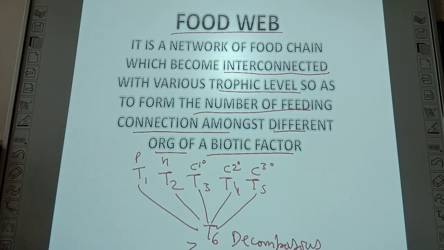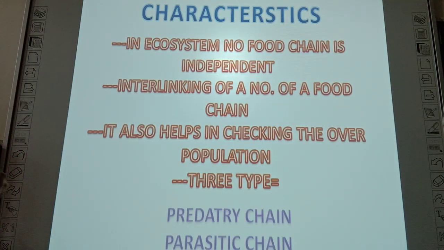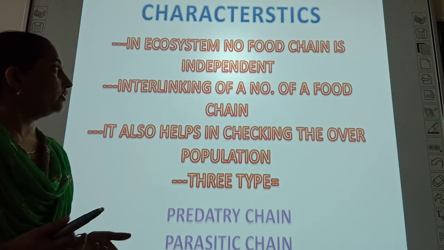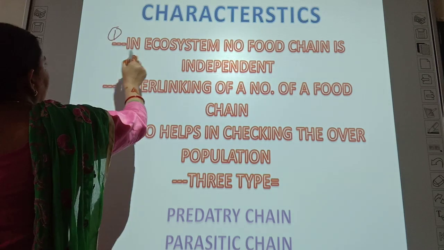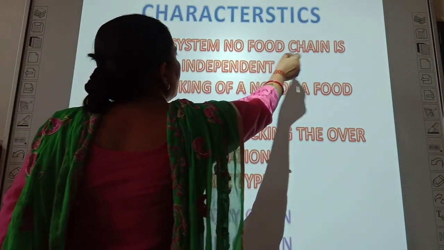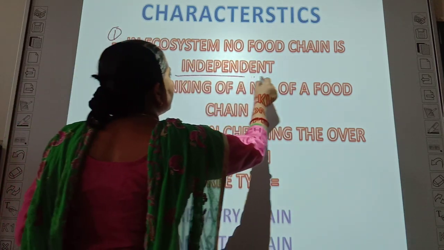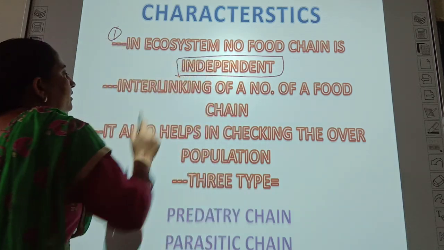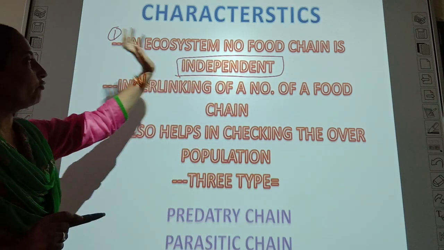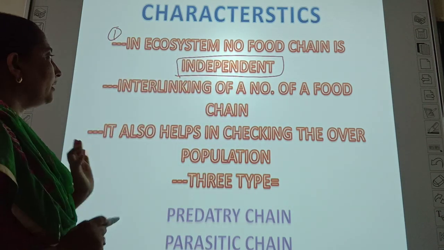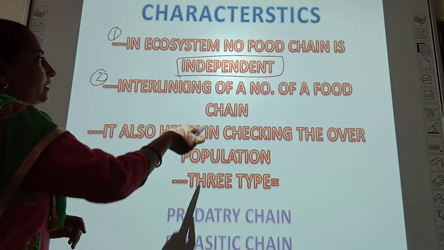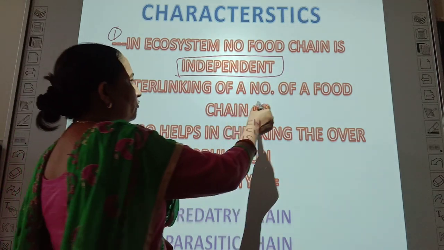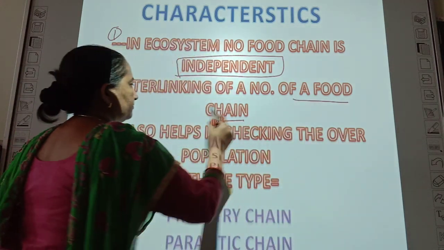Next, what are the characteristics of a food web? Number one, in an ecosystem no food chain is independent. Second point is interlinking of a number of food chains.